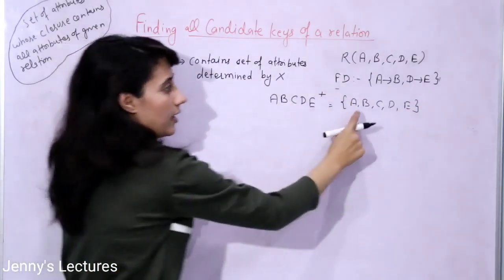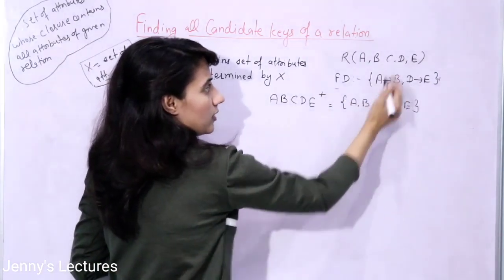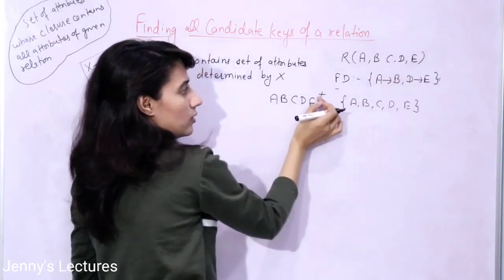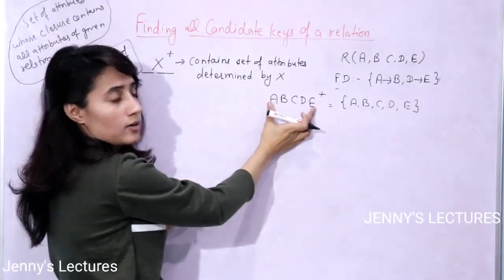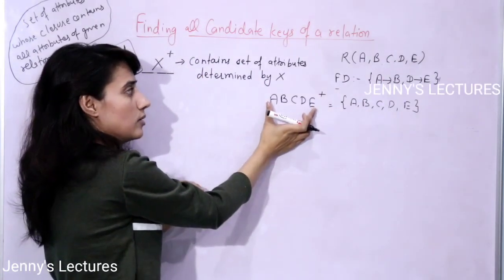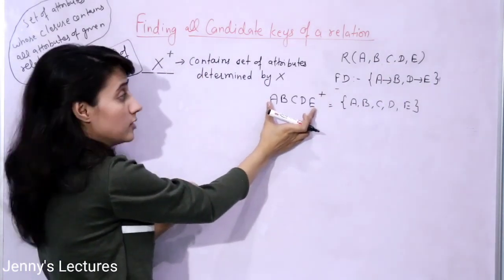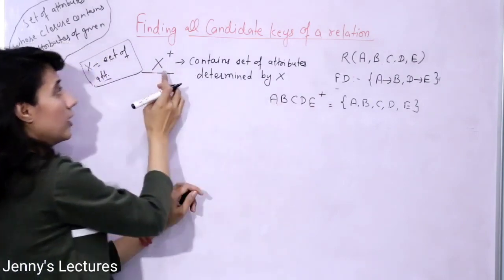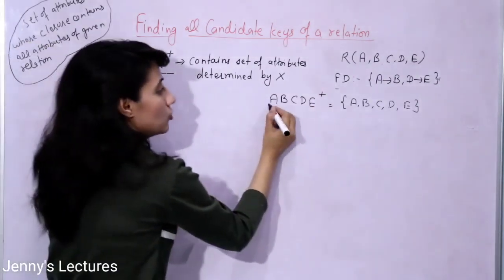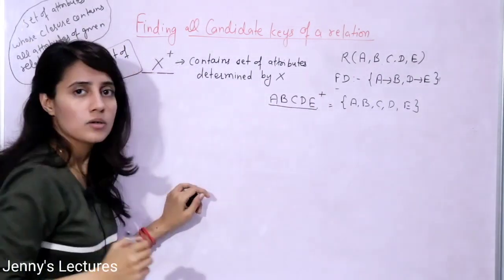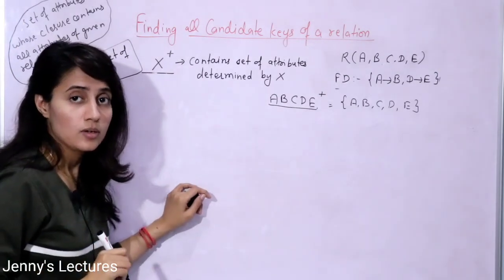There are 5 attributes here, and I also have 5 attributes in the closure of this set. So I can say that this is a super key. Here this is X; I told you that X is a set of attributes. So this complete set is a super key here.